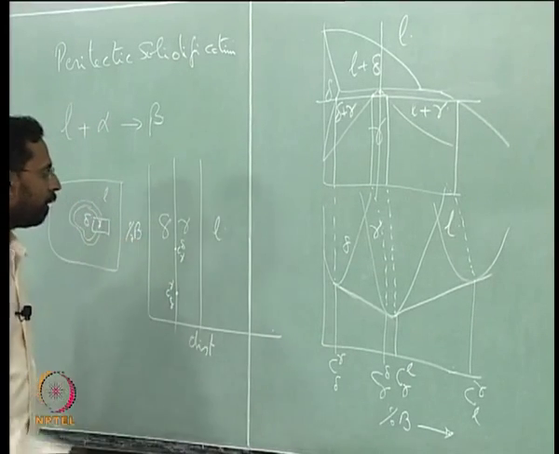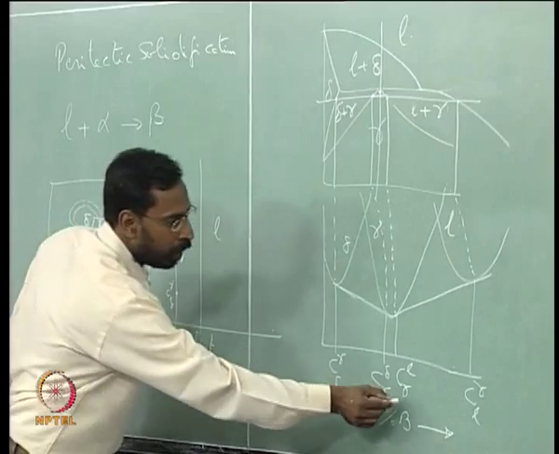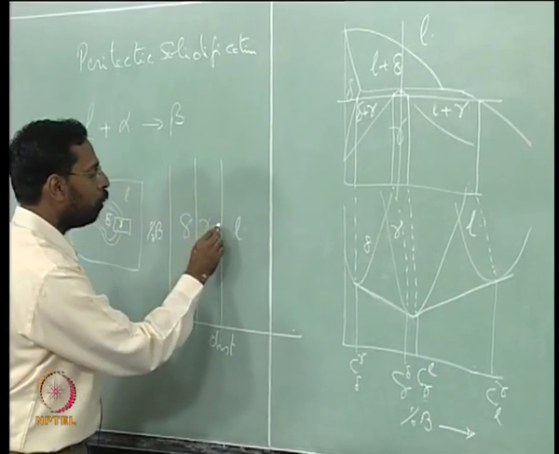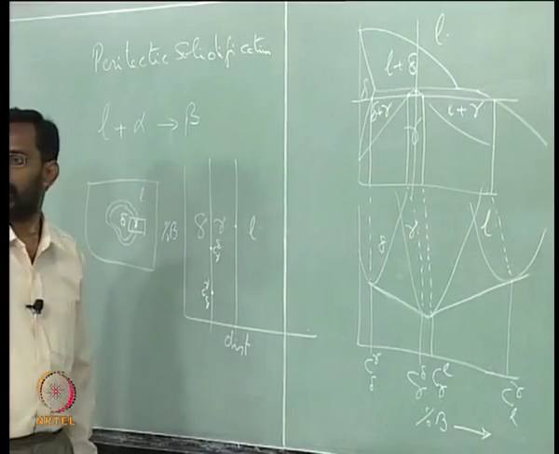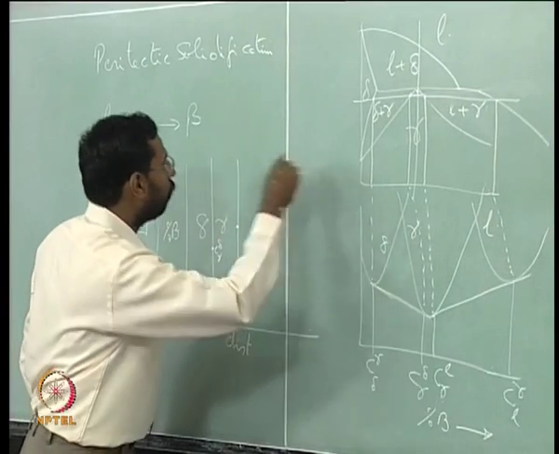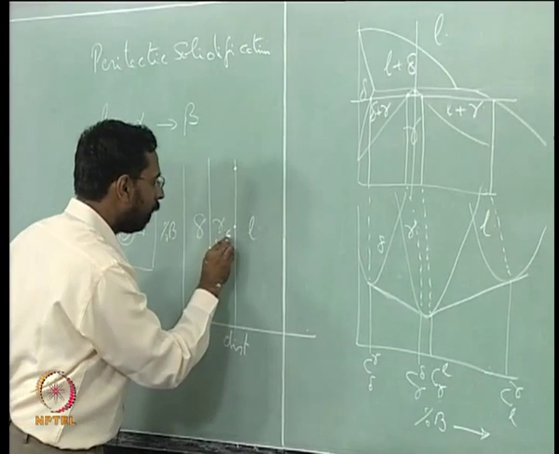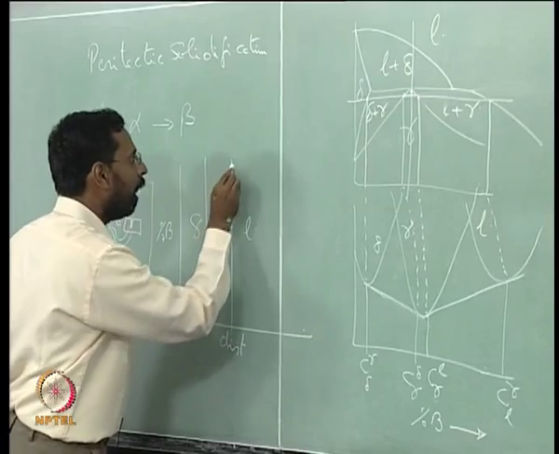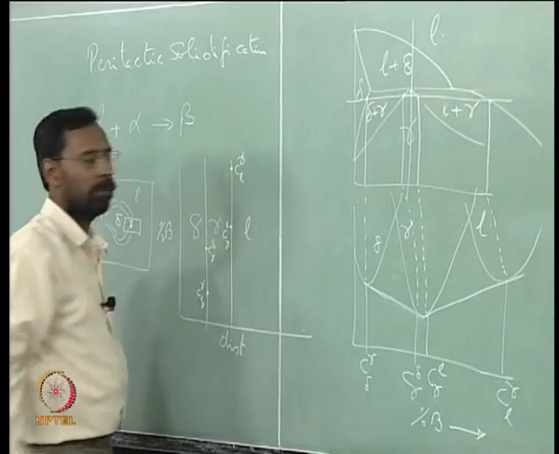Am I right? So, as a result, this composition C gamma liquid is going to be higher than this value, and then the next one is further higher. So, I can call this C gamma liquid, and I will call this C liquid gamma.